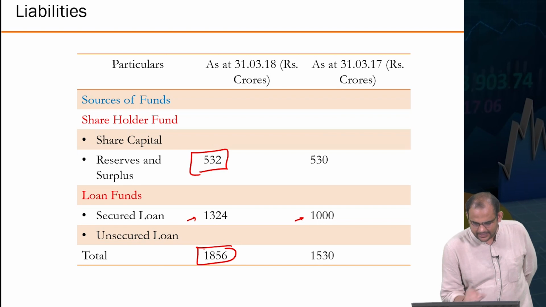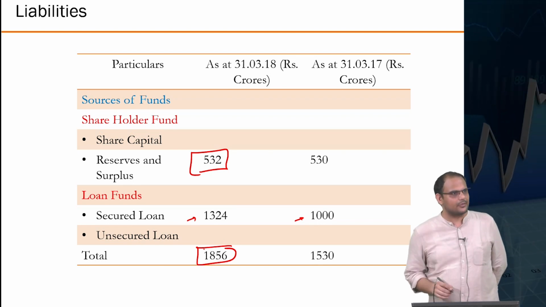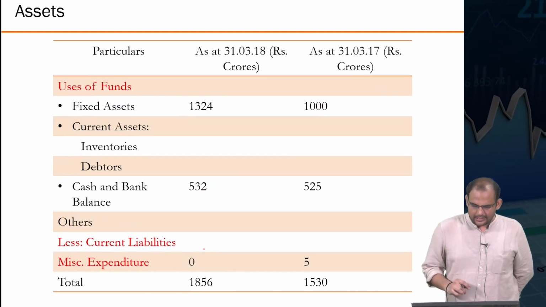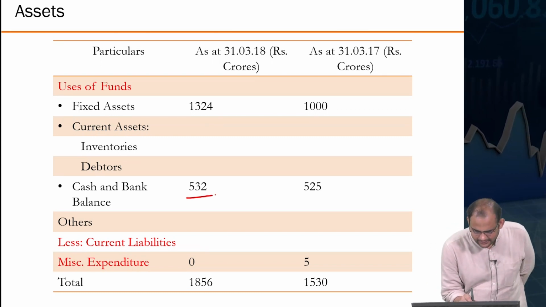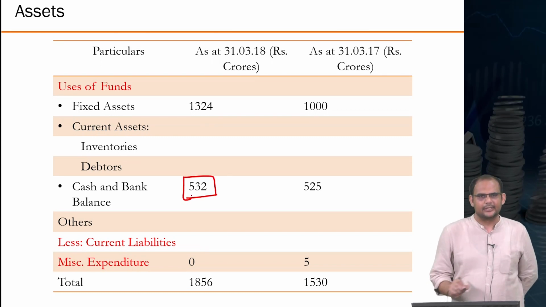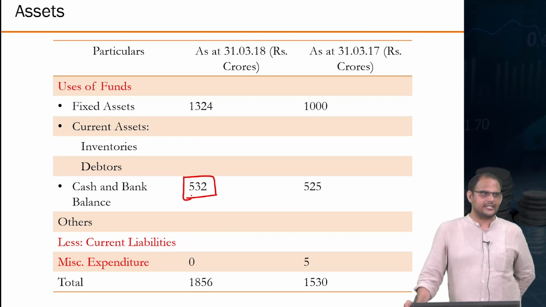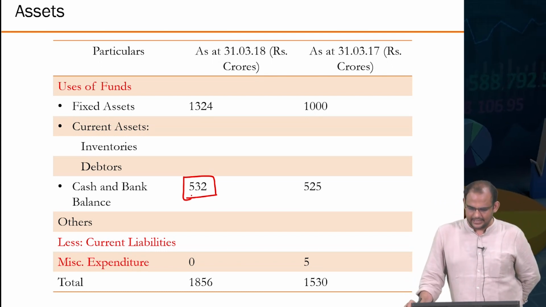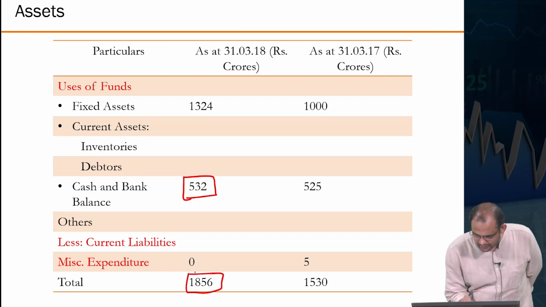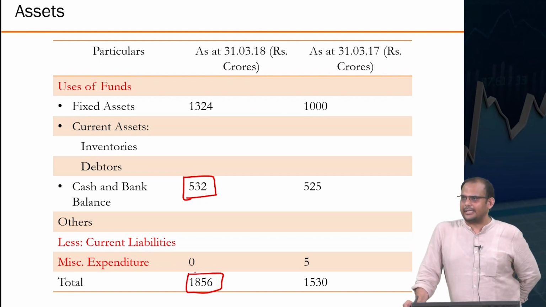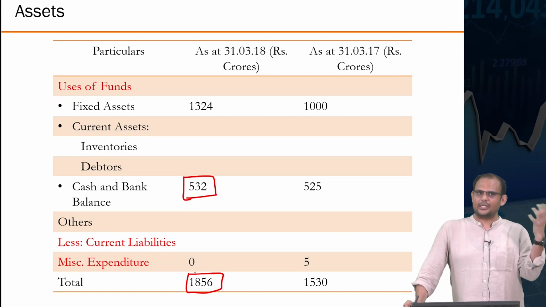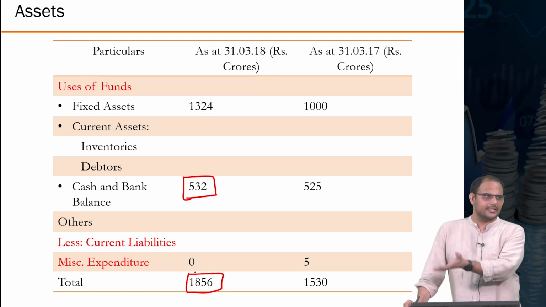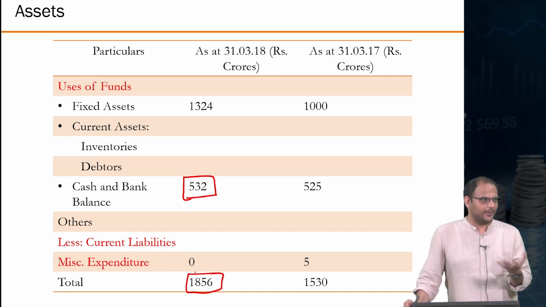So the total liabilities was, let's say, this 1,856. And on the other hand, you have also increased your cash or bank balance by 532 rupees. So that's also an entry to its assets. So that asset total also comes out to be 1,856. So your total sum of your assets and liabilities is equal at all point of time.